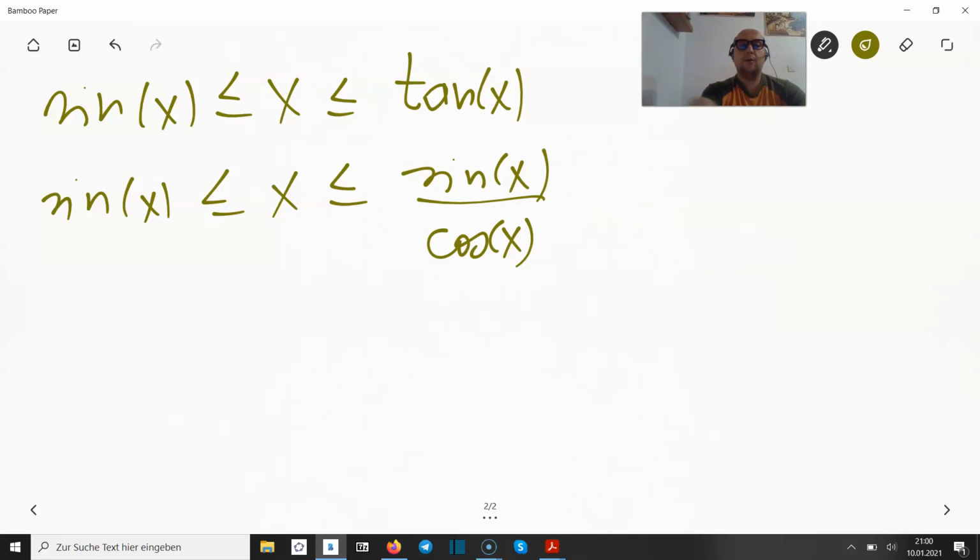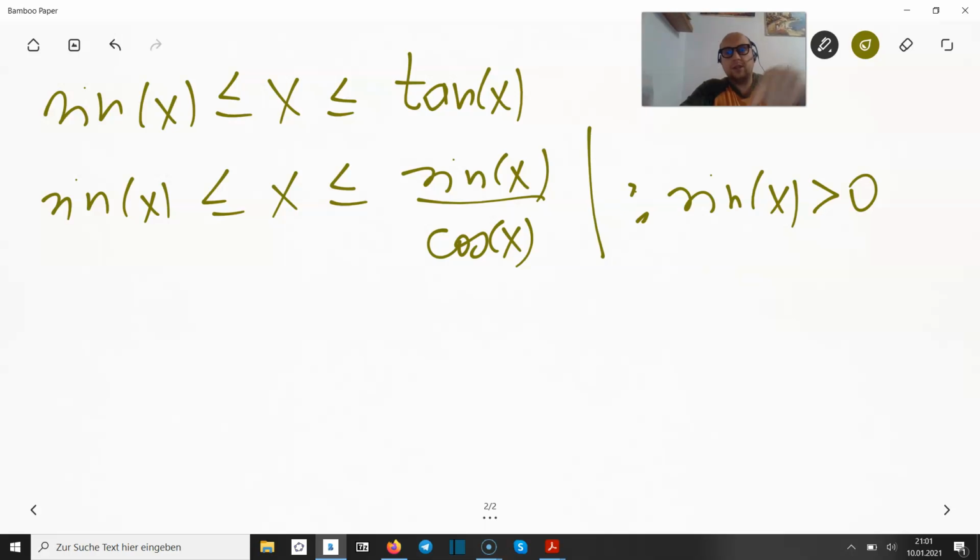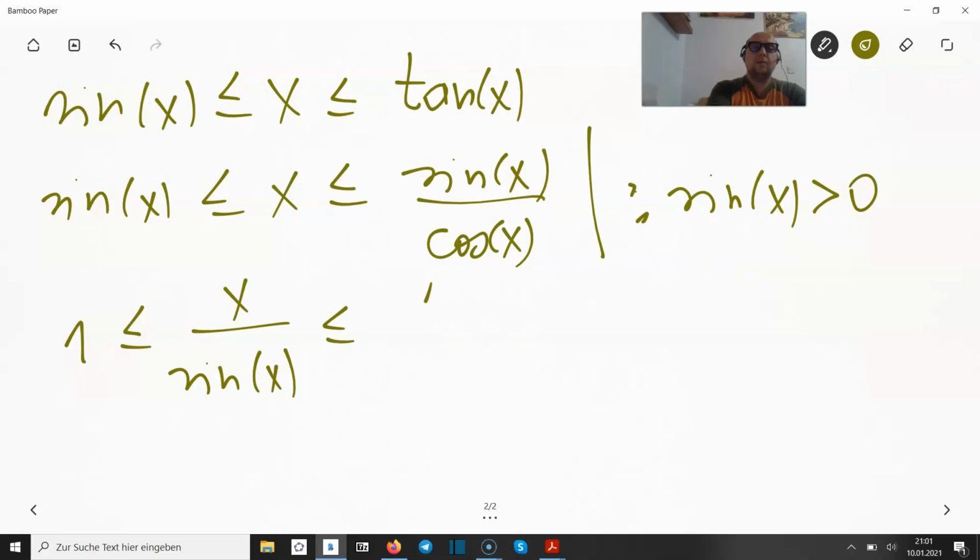And now we are dividing the whole thing by the sine of x. For the sake of argument, we're asking it to be positive. Well, we should rearrange it if it's negative, but it won't change the result because we're still approaching 0, so it doesn't matter from which side. Let's keep it positive. So we have 1 less than or equal to x divided over the sine of x, and it's less than or equal to 1 divided by the cosine of x.